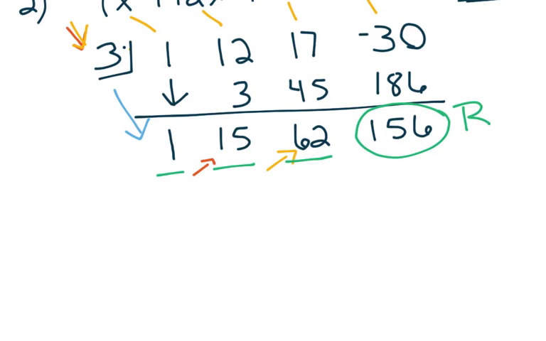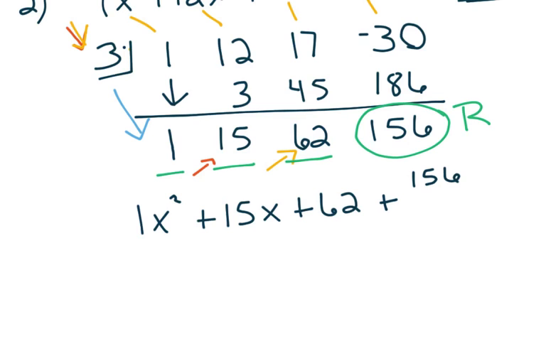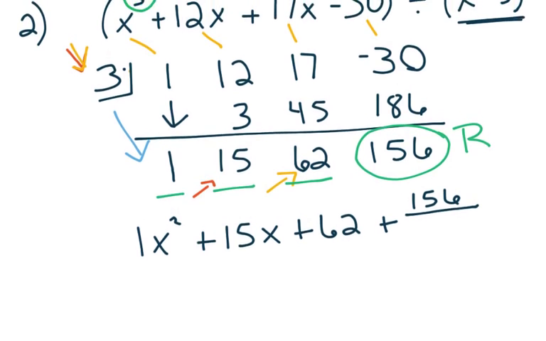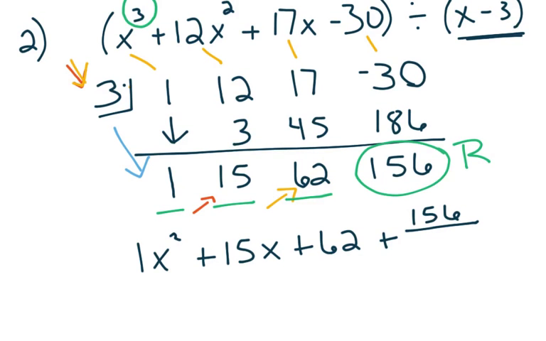So I'm going to bring these numbers down and do 1x squared plus 15x plus the constant 62 plus my remainder over my divisor of x minus 3. So this variable, an exponent, is always going to be 1 less than what the dividend started with.